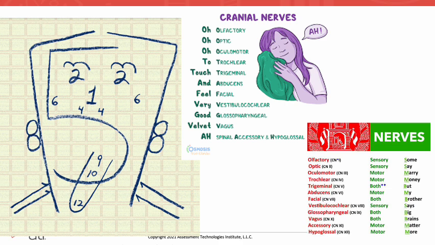That's a lot to remember. But you can use the acronym OOO to touch and feel very good velvet ah. The first letter of each word in that sentence corresponds with the name of the cranial nerve.